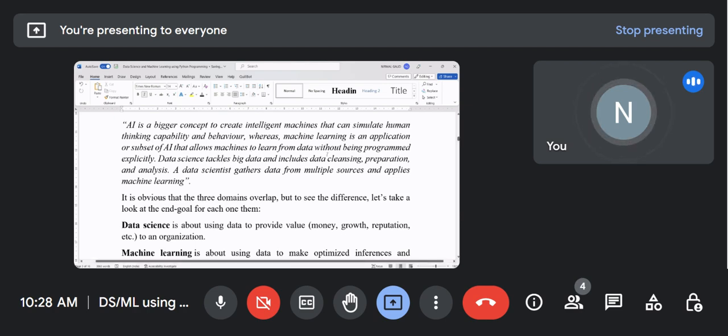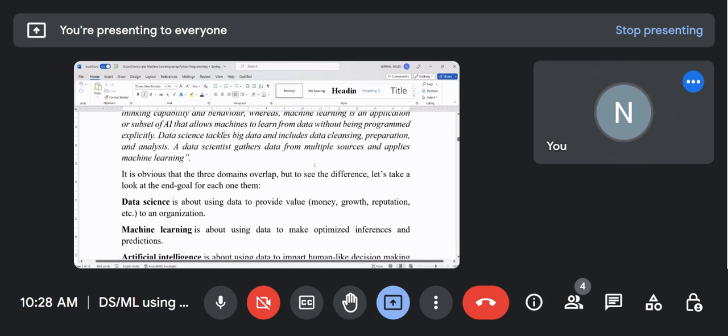Okay, and what happens in data science? See, data science tackles big data. Okay, and there are various further steps which are performed in data science. That means it does data cleaning, data preparation, data analysis, data exploration, everything is done in the case of data science.